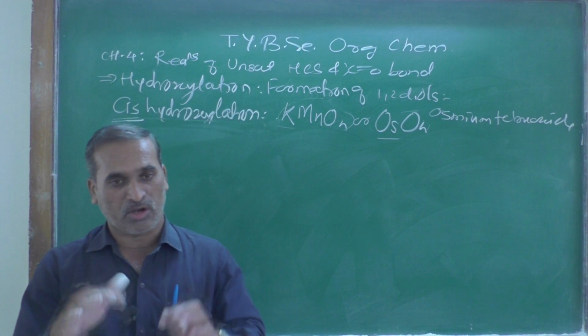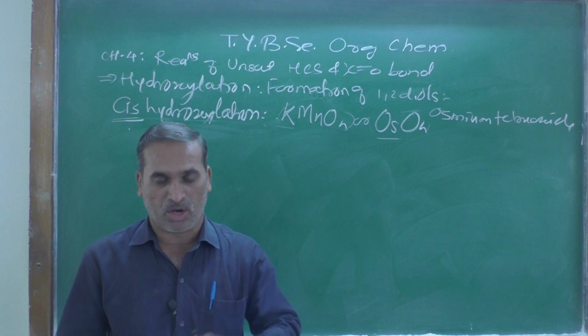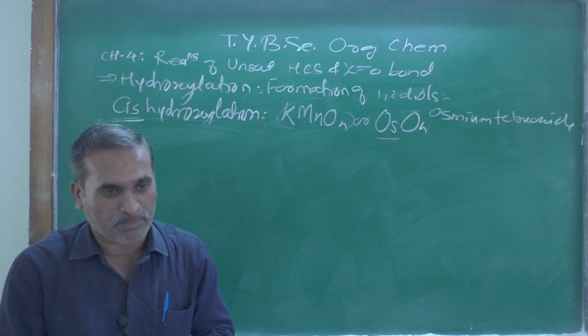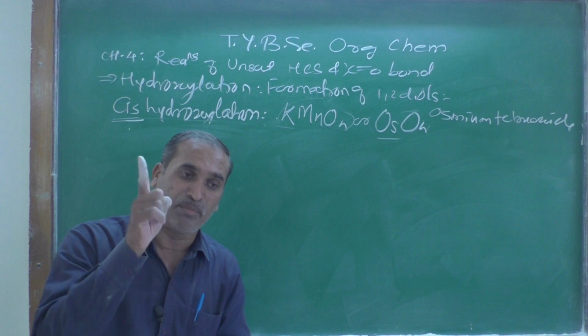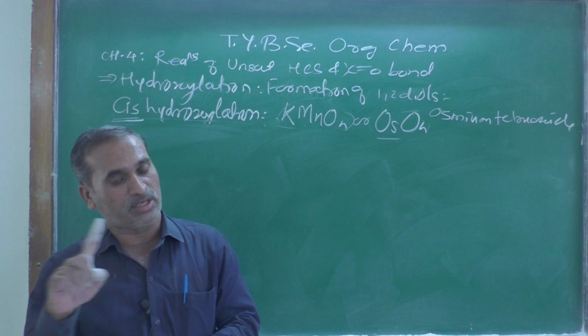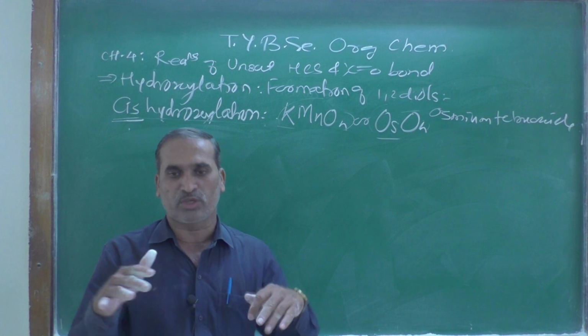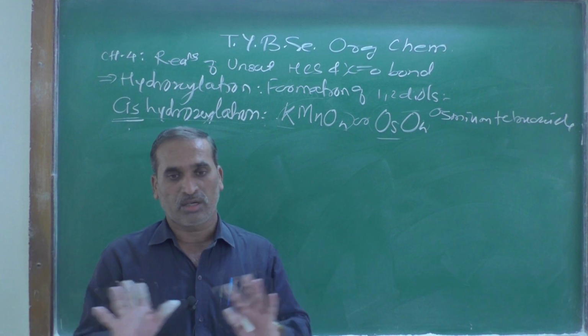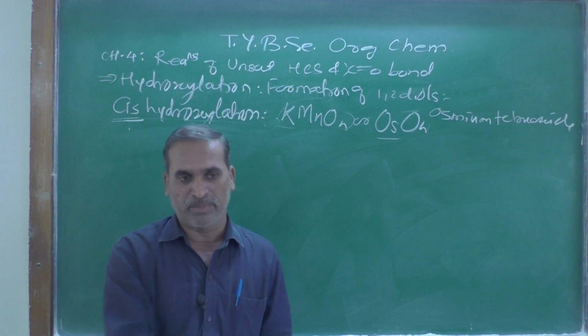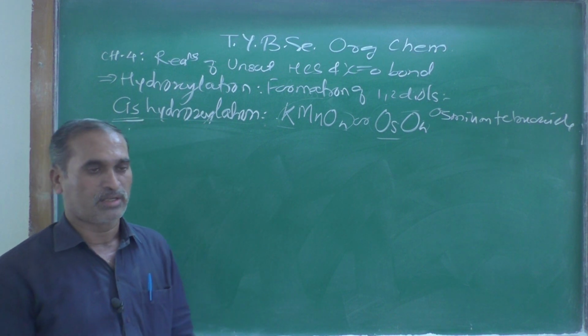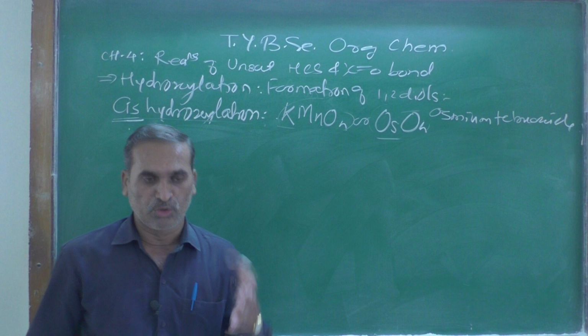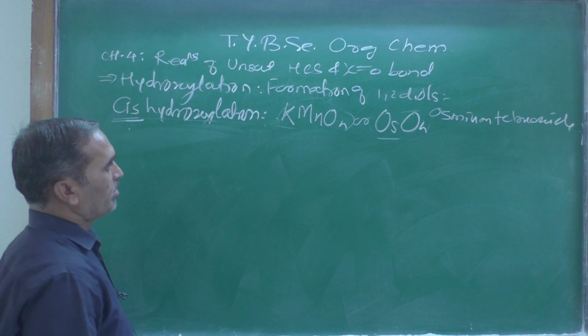When you know the mechanism behind it, then you can directly predict the product. If you don't know the mechanism, you cannot predict the product perfectly. So remember, to predict the product, you need to know the mechanism.